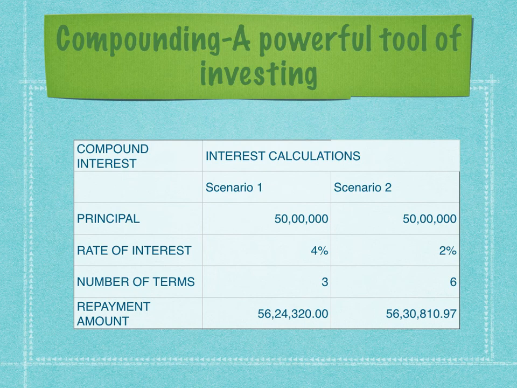The number of terms has now multiplied. So in a 3-year time slot, you will have six half-yearly periods, right? But here there is no payment, there's only an earning.